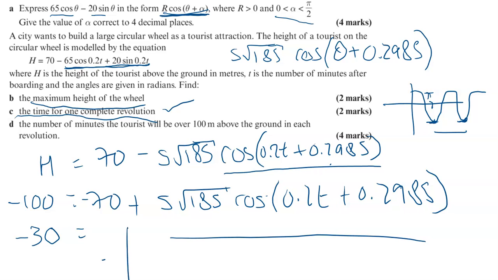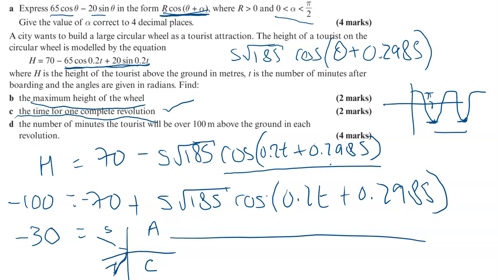You'll need to do your CAST diagram. All Students Talk Crap, and as this cos is giving us a negative answer, then presumably you'll get an answer in this quadrant, and you'll need to find the solution in this quadrant as well.